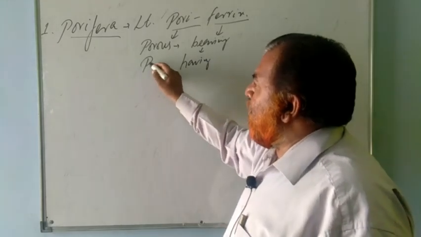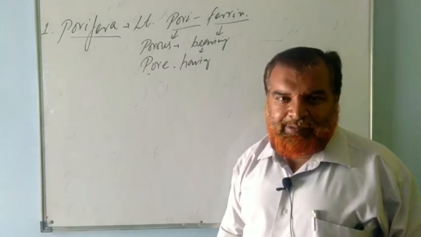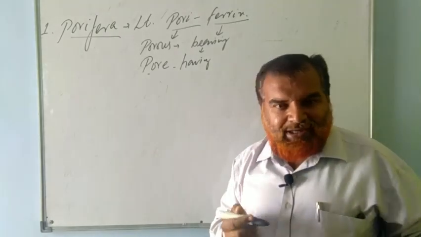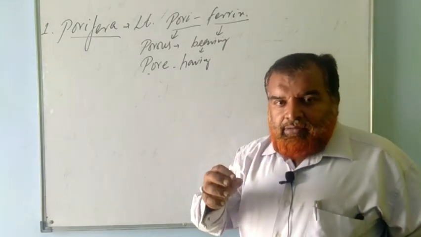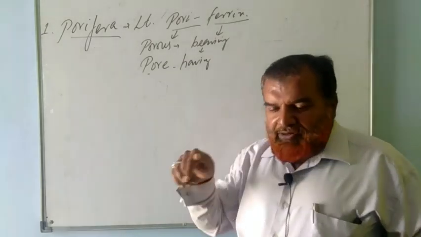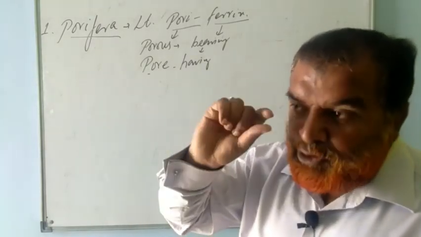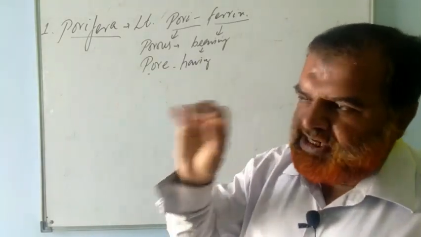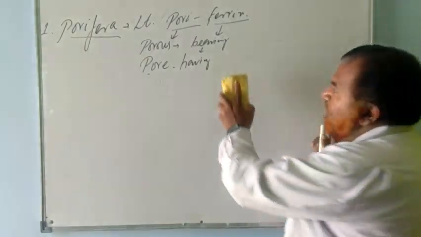Pore bearing animals: the animals which have pores, holes, openings and canals in their body, because in future we have to talk about the water canal system. So such animals are known as Porifera, right?